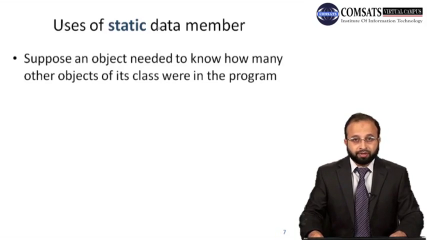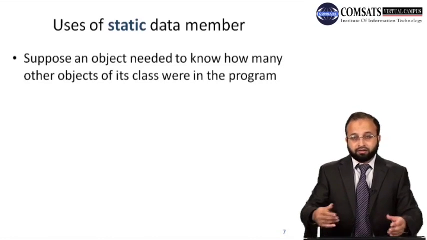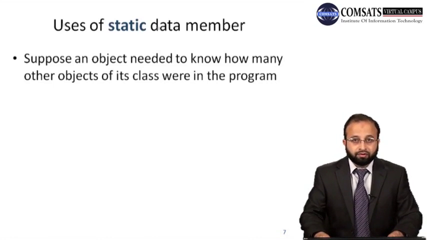Until now, before this static data member, we don't know any such mechanism that we can use very conveniently. For that, maybe we can write a function if we don't have a static data member. So a static data member can solve this problem because it is shared among all the objects of that class.